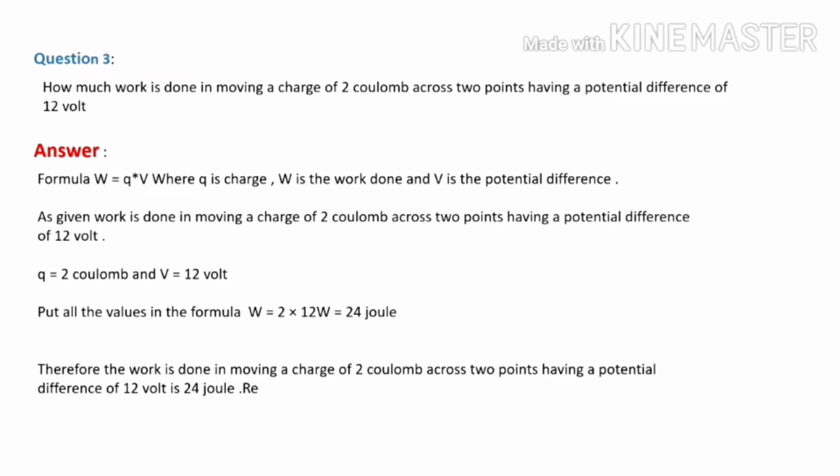You already know V equals W by Q, so W equals Q into V. Just put the data and you get the answer. Here Q equals 2 coulomb and V equals 12 volt. So W equals Q into V, 2 into 12. All the units stay in SI, so work done in SI is joule. 2 into 12, 24 joule.